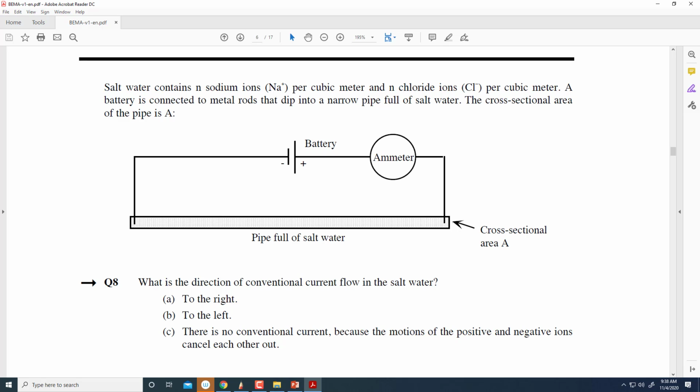The flow of negative charge is the usual current direction, but we use conventional current to denote the direction of current. So which way does the conventional current flow in the salt water? To the right or to the left?